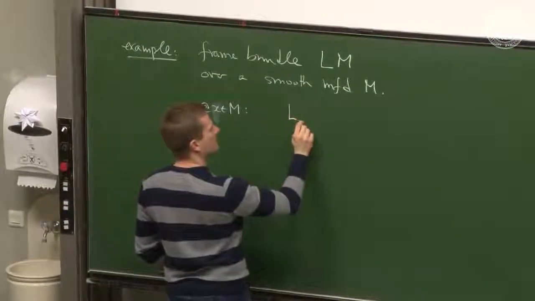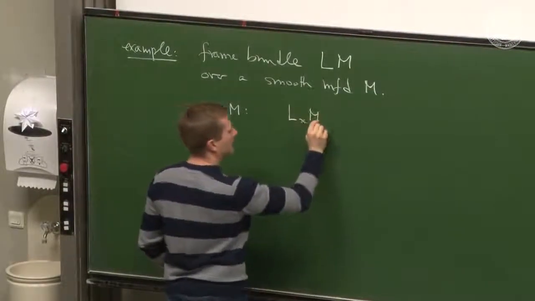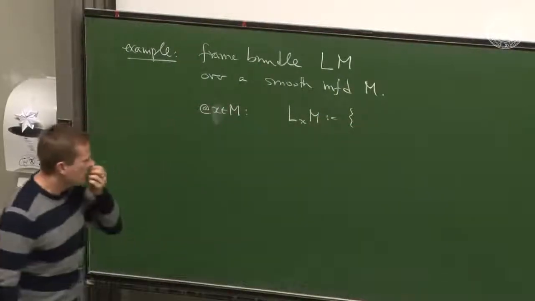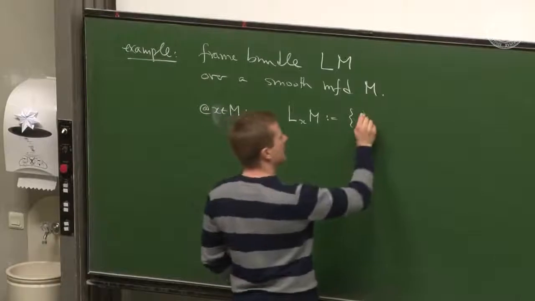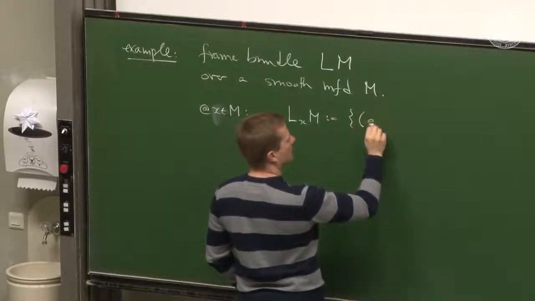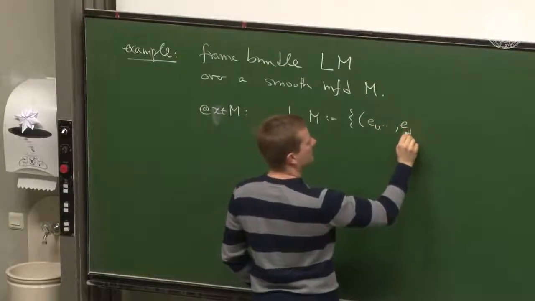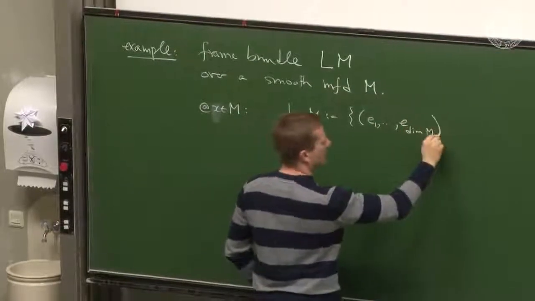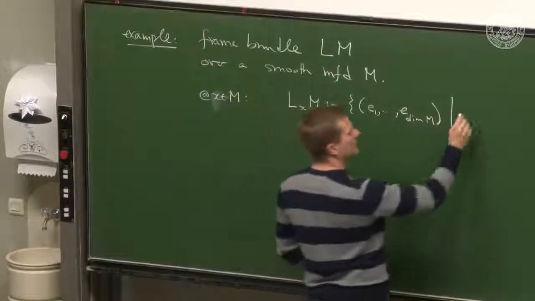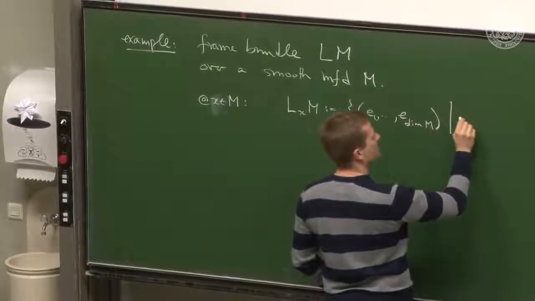We look at the L sub x of M, which are ordered dim M-tuples E1 to E dim M, with the property that the E1 to E dim M constitute a basis for the tangent space.